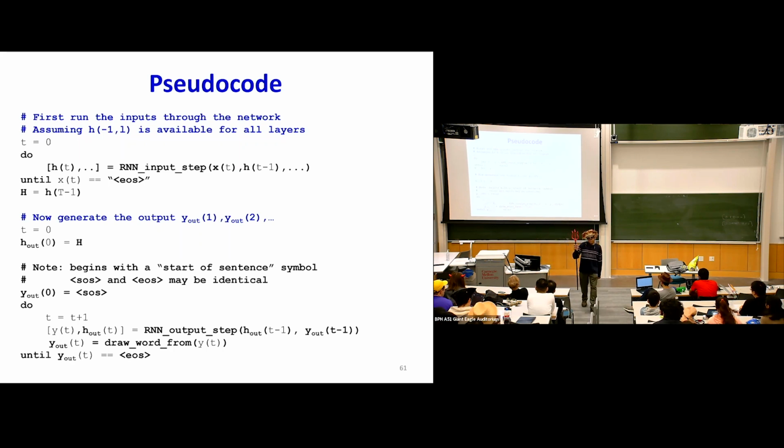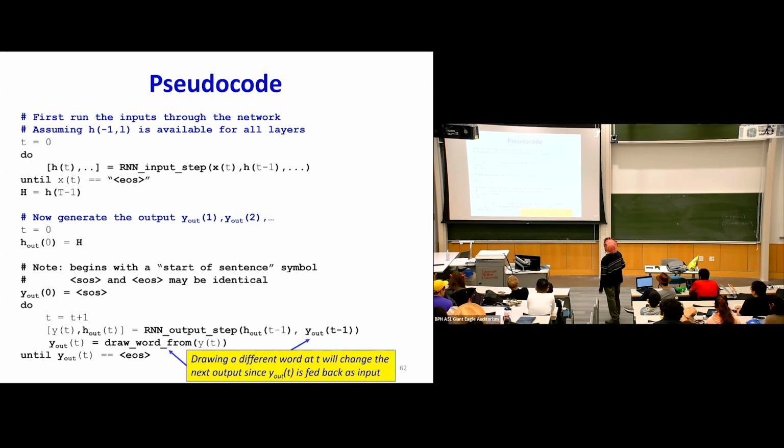Everyone with me so far? Any questions? No. Okay. So observe over here that if I drew a different word at time t, that differently drawn word is going to go back into the recurrent state, and so it's going to change the output forever. All right.